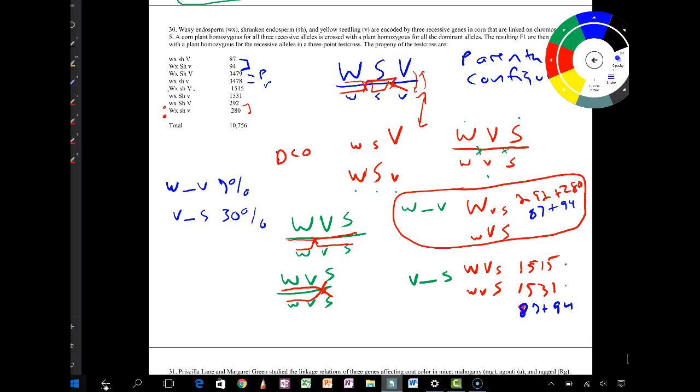So to draw a map, we would go W to V is 7. This isn't exactly to scale, but V to S would be 30. And that is a 3-point mapping.